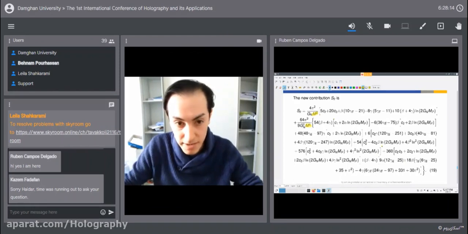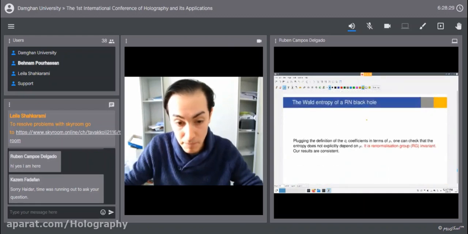And also, here we see that there is mu everywhere, but as before, if we plug the definition of the coefficients C2, C3, and so on, in terms of mu, then one can see that all the terms containing mu cancel out. So this is remarkable. The entropy here is renormalization group invariant, so RG invariant. Namely, it does not depend on the arbitrary energy scale. So this is also a check that our results are indeed consistent.